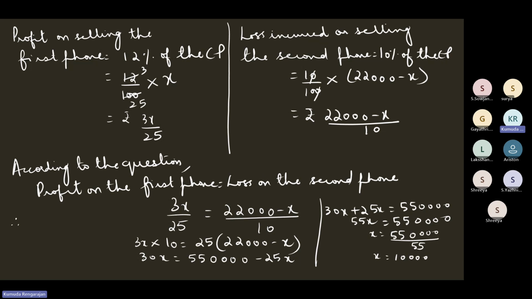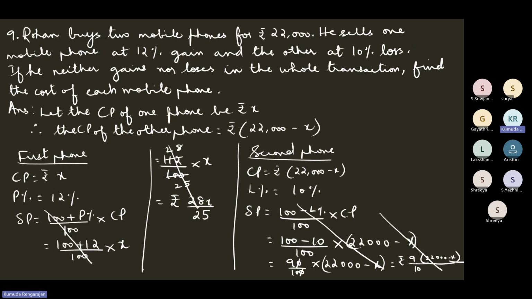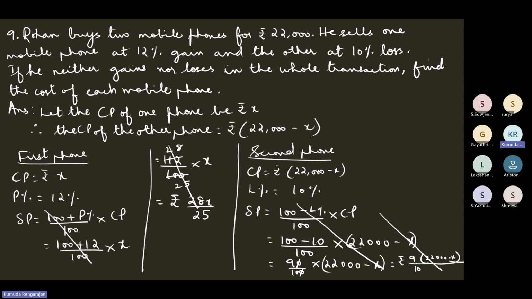According to this question, the profit is equal to the loss. What he gets from the first phone, he loses on the second phone. On equating this and solving for X, we get 10,000. That is the CP of the first phone. So the CP of the second phone is 22,000 minus 10,000, which is 12,000.